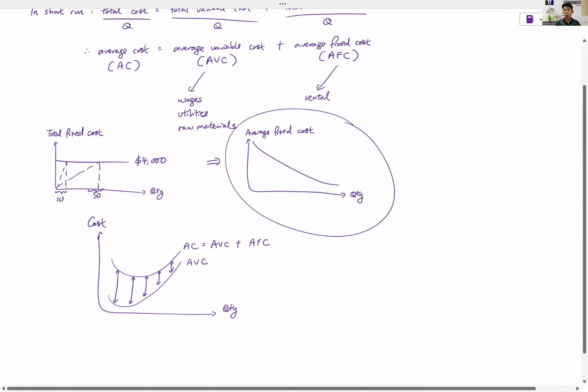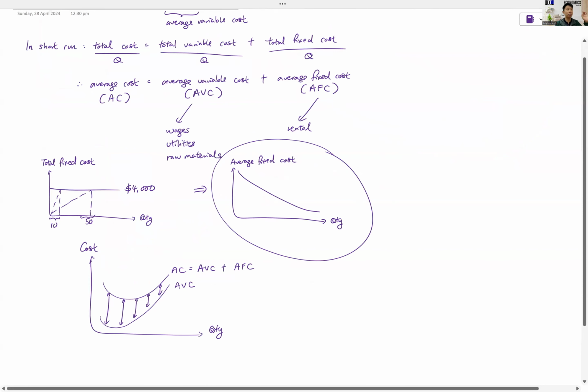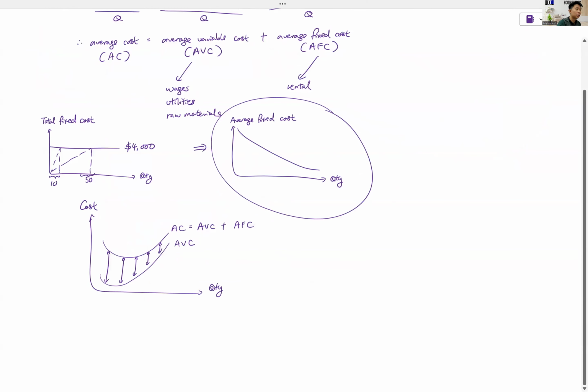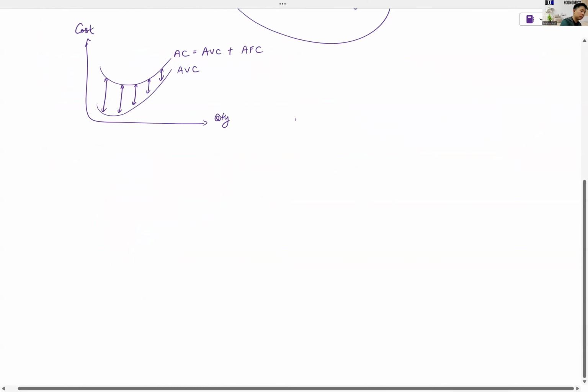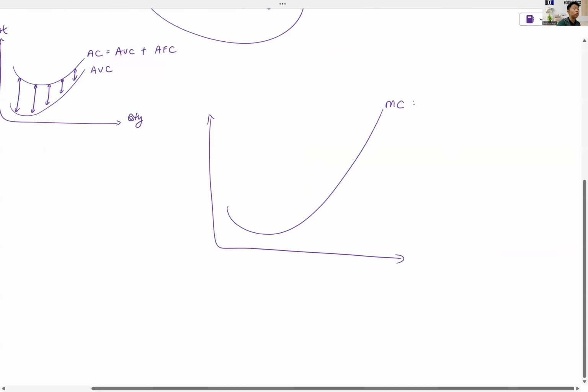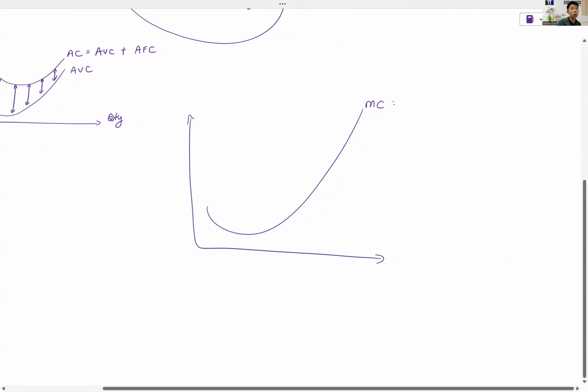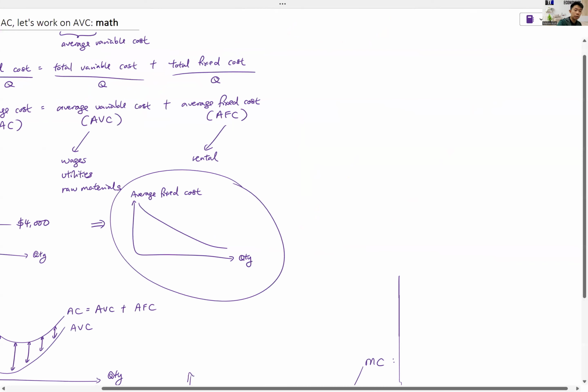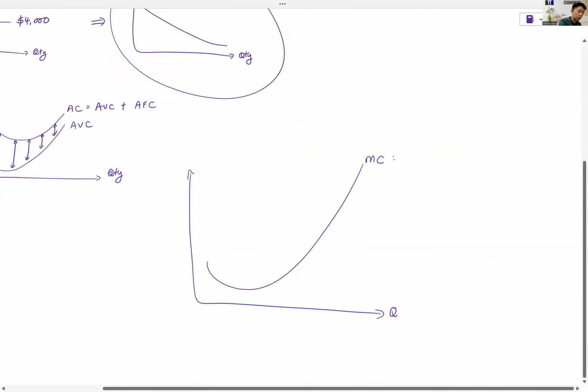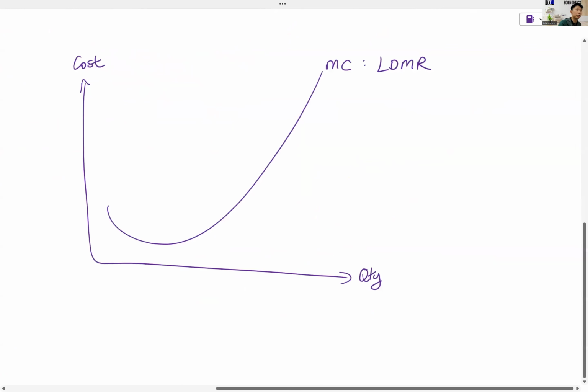And then it's time to bring the whole family together. All three curves in one single diagram. Okay? So when you put them together, MC, why does MC look like this? First, remember MC is the addition to total cost. We produce one more unit of output. Okay? It looks like this because of economics, law of diminishing marginal returns.